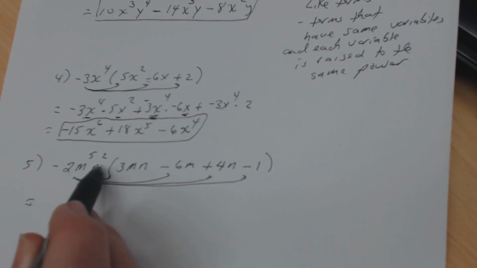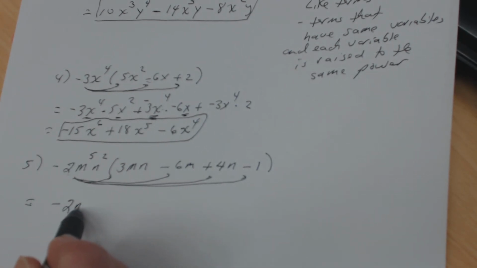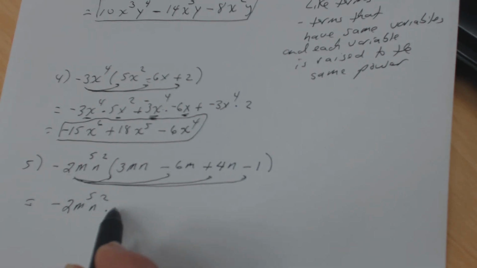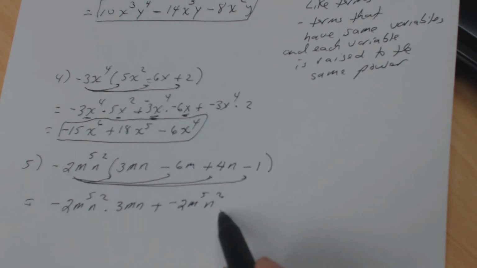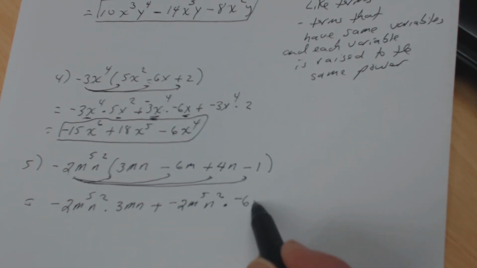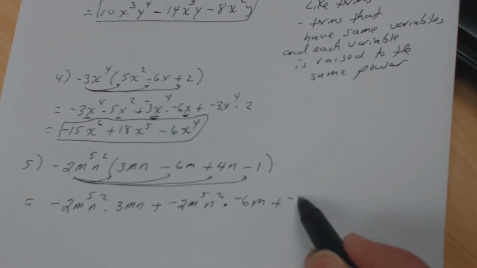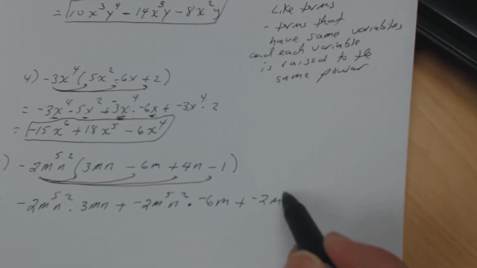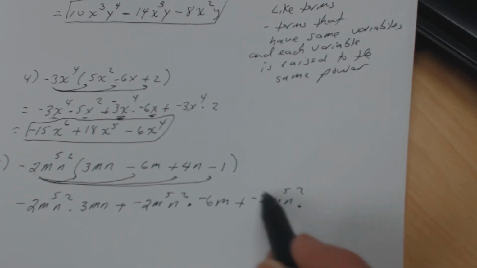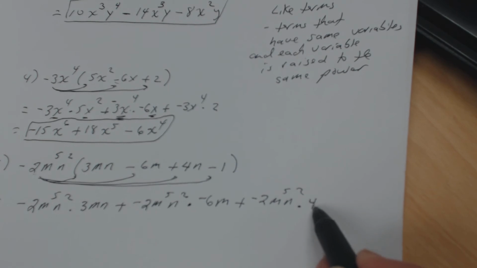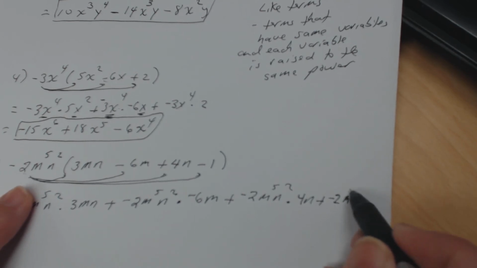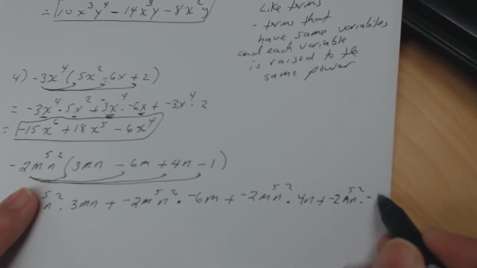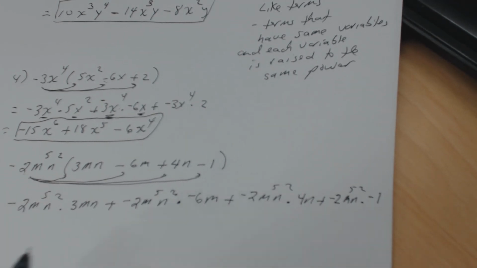So you're going to say negative 2m to the fifth n squared times 3mn, plus a negative 2m to the fifth n squared times a negative 6m, plus a negative 2m to the fifth n squared times a positive 4n, plus negative 2m to the fifth n squared times a negative 1.